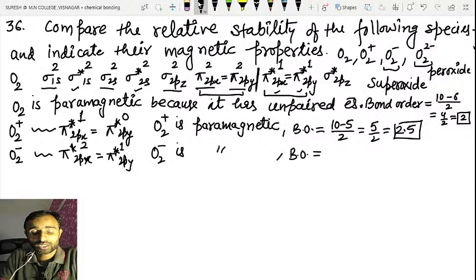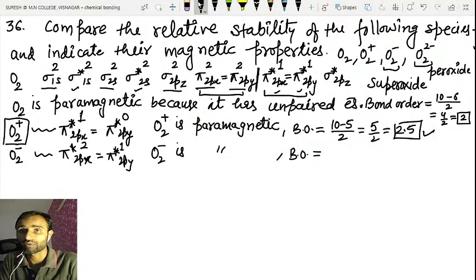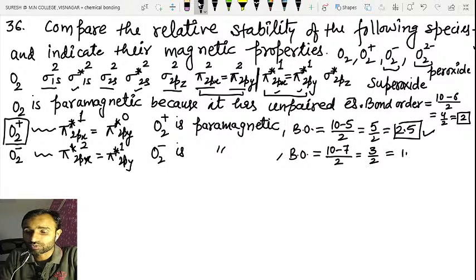Now bond order: one electron is added in antibonding. In O2 positive, one electron is removed from antibonding, so bond order is increased by half. Very good, Namita. So it is 10 minus 7 now. So 3 by 2 means it becomes 1.5.